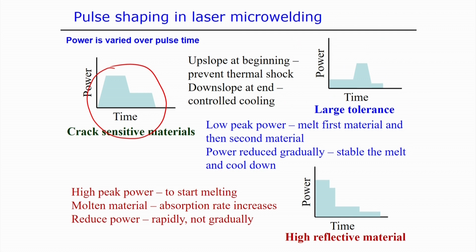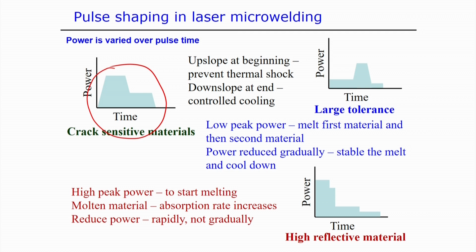But if we look at another type of welding process, where a large tolerance is required, in that case we can start with a low peak power, but there is no gradual increment of the power; the peak power in this case is very small. If we keep it over a sufficient time, that actually melts the first material and afterwards melts the second material.